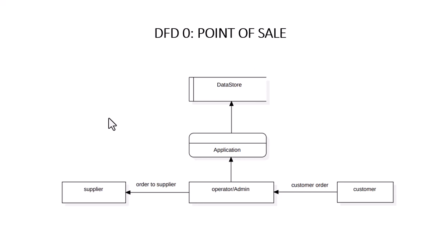So different entities are involved that affect the software process. Simply, in the context model or DFD 0, we draw all the external entities that either are affected by or affect the system, or in simple words, the external stakeholders.